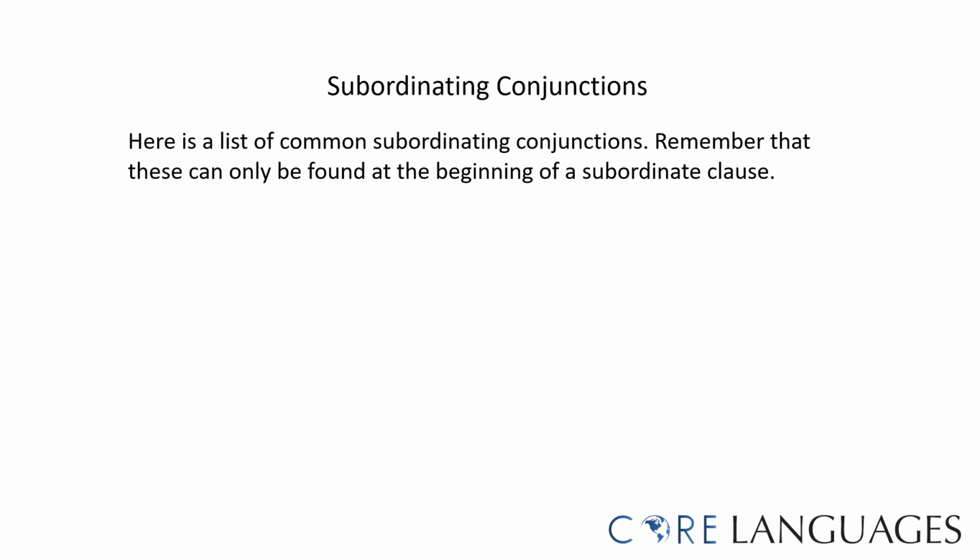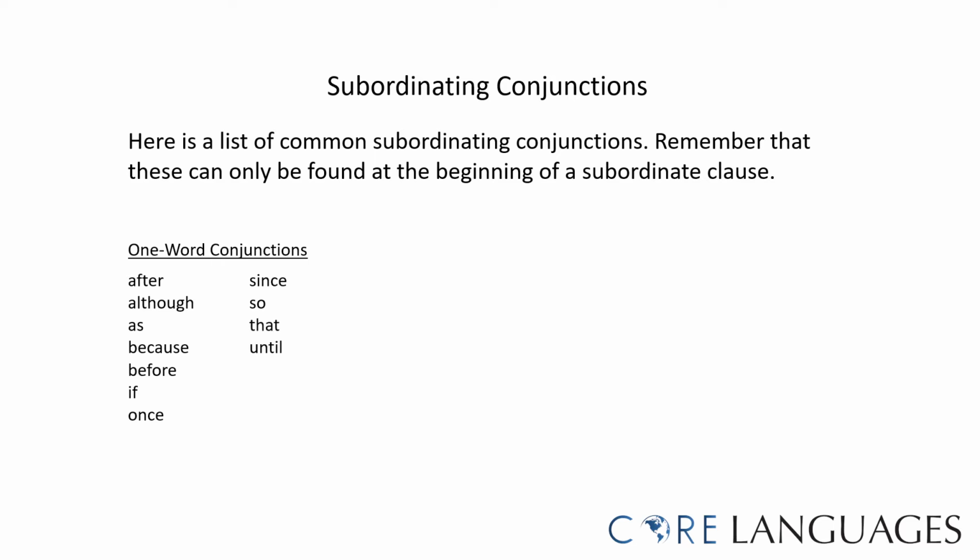There are many subordinating conjunctions, and it is important to remember that these can only be found at the beginning of a subordinate clause. There are one-word conjunctions such as after, although, as, because, before, if, once, since, so, that, until, when, while.